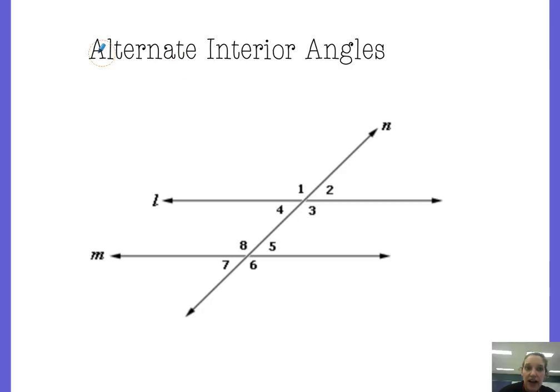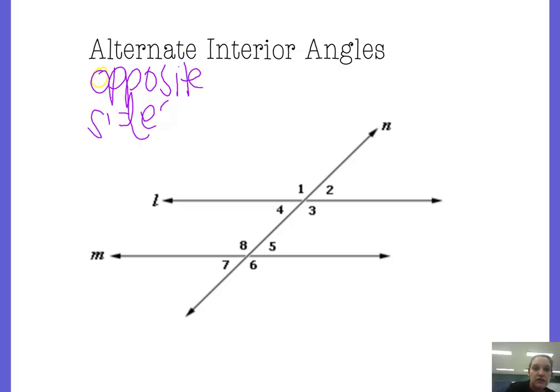So if I'm talking about angles that are alternate interior, that means they're on alternate, which is like another word for opposite. They're on opposite sides of the transversal.